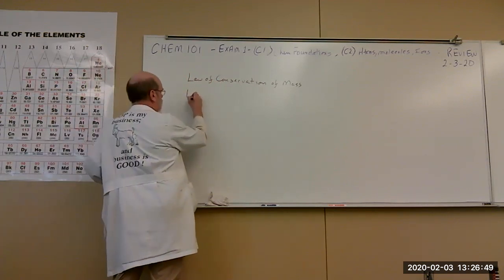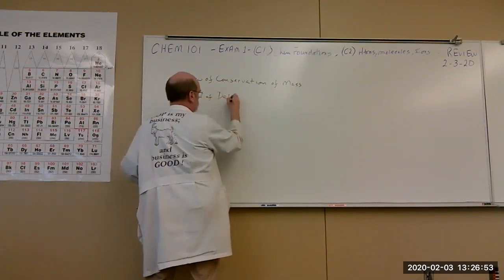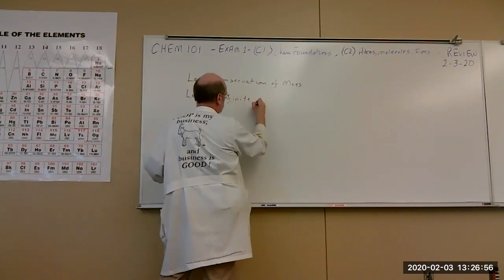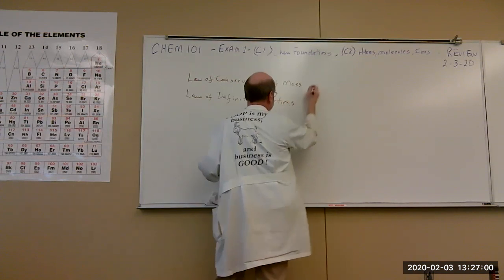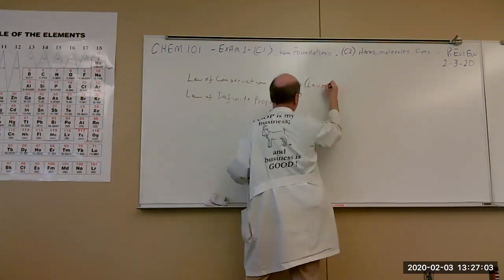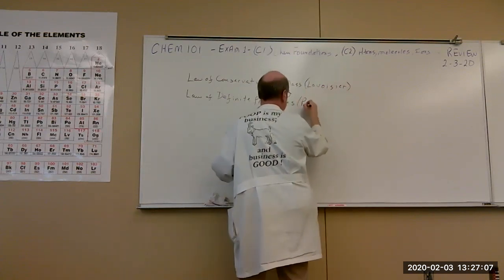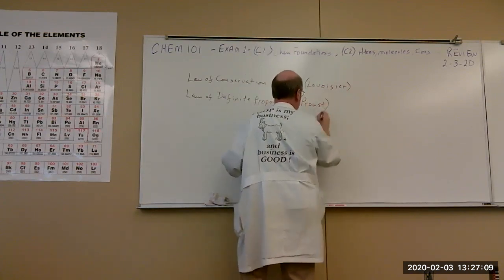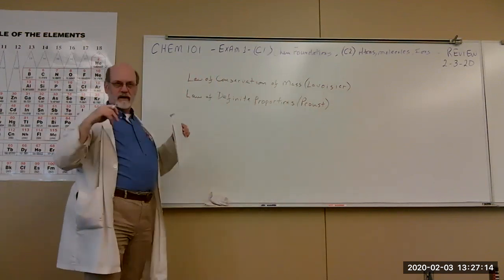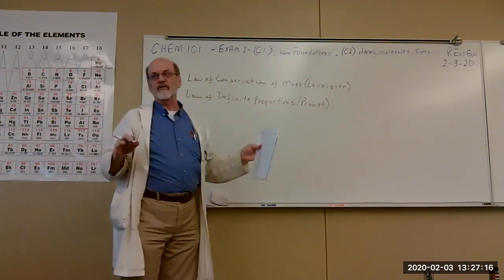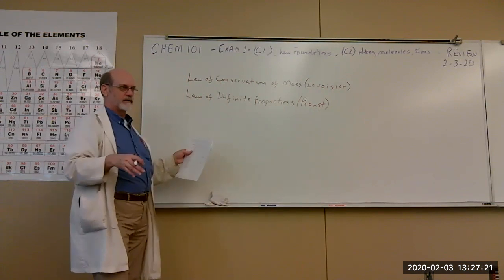Then you have the law of definite proportions. Let's see, this was Proust. The law of definite proportions is no matter where your compound comes from, however you got it, by purification, by chemical reaction, doesn't matter.